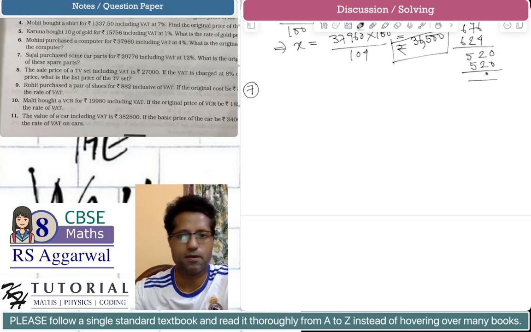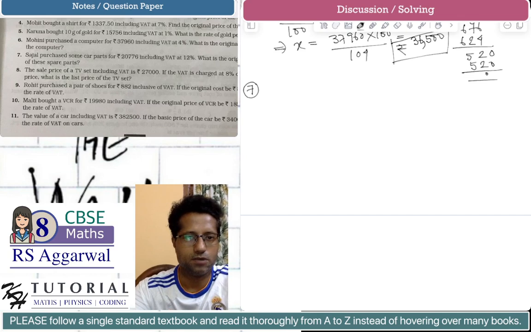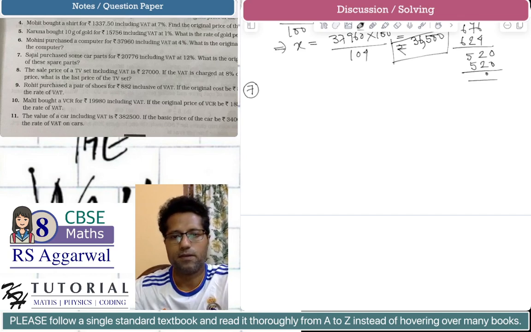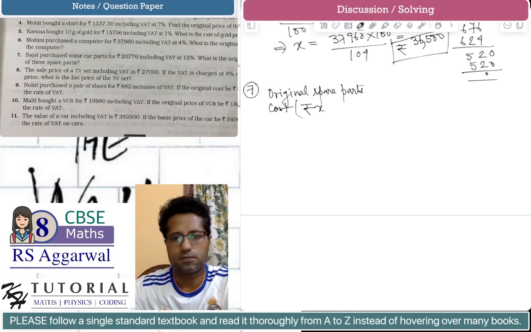So what is happening here? It is asking about what is the original cost of these spare parts. So original spare parts cost, let it be rupees X.